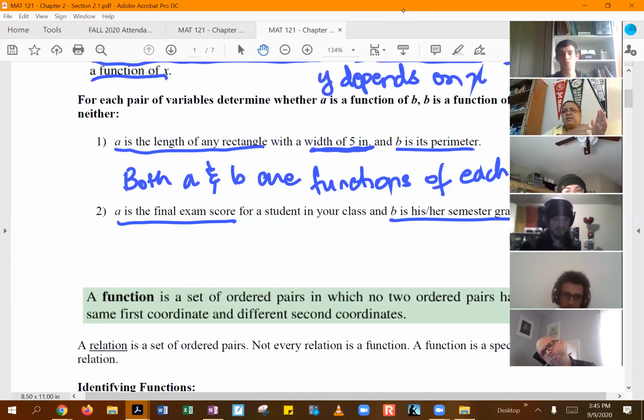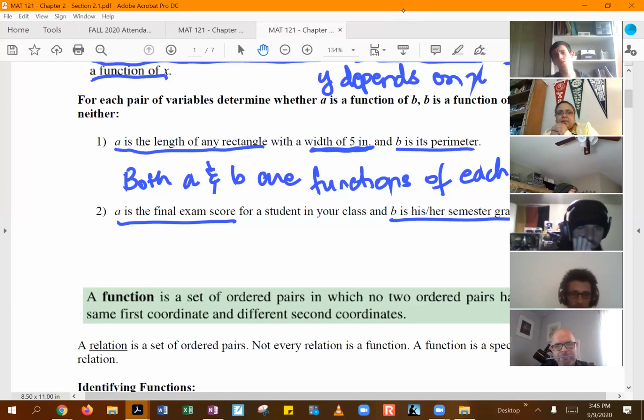And of course, if we know the final exam score, can we calculate the semester grade? Let me hear what you guys are thinking in terms of this example.